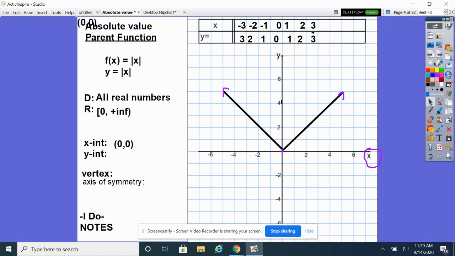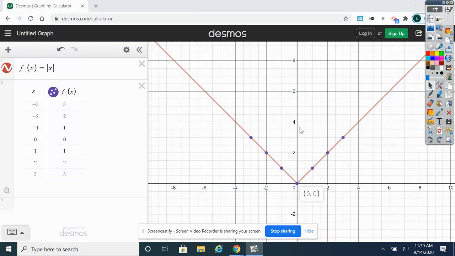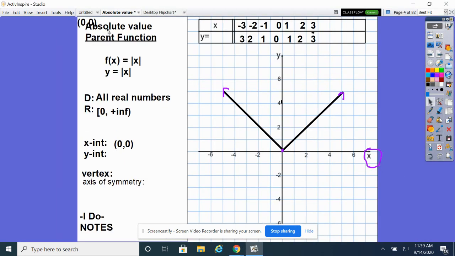Okay, looking at the y-axis and the V, where did those two touch? Here's the y-axis, here's my V. The y-intercept then would also be 0, 0. It's touching the x and the y in the same place. That's not always the case, but in this case it is. So we're going to say the y-intercept is also 0, 0.